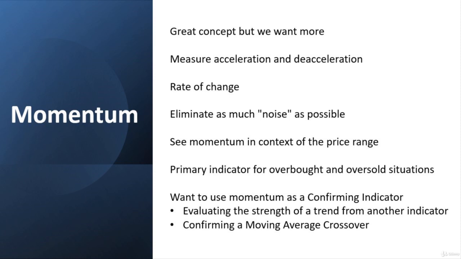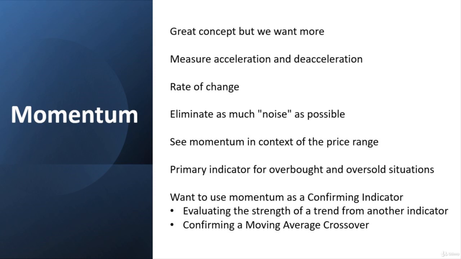Momentum indicators also will eliminate as much noise as possible by looking at those changes. You can see momentum in the context of an overall price range, the highs and lows: what's momentum doing, are prices accelerating. It can really give you a good indication of whether a security might be overbought or oversold.